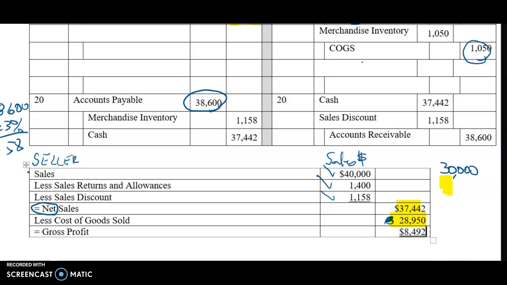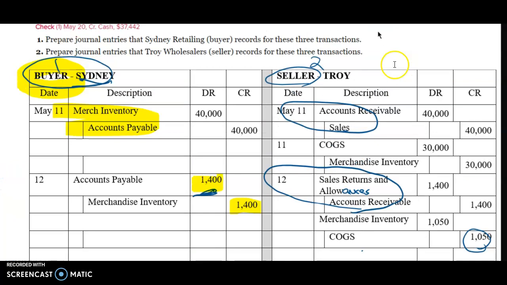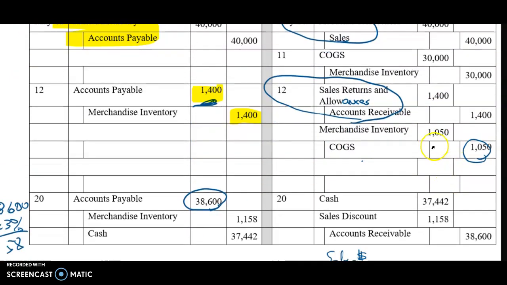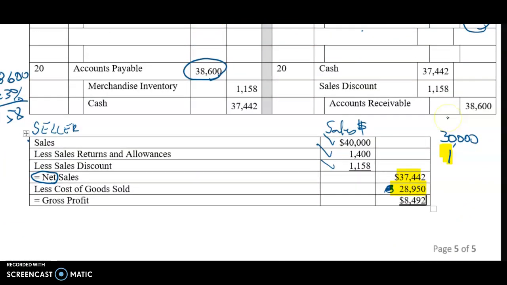Cost of goods sold was 30,000 originally on the sale, right? Up here when they originally sold. But they had a return of inventory, the cost of goods sold of 1,050, resulting in cost of goods sold of 28,950. Okay, and then that means the gross profit is 8,492.